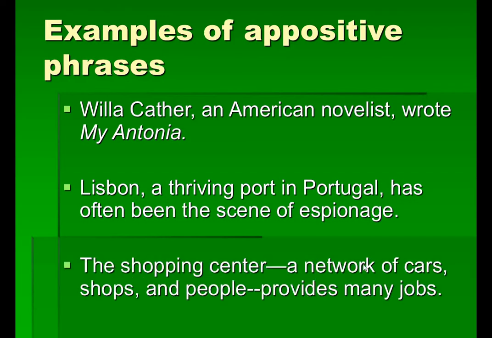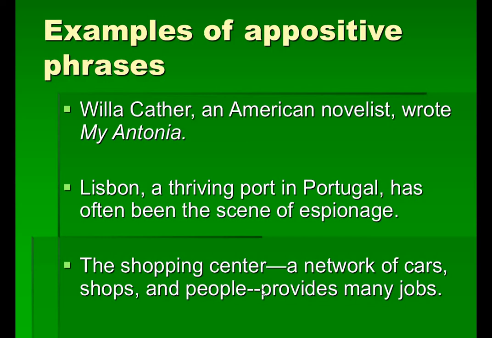The shopping center, a network of cars, shops, and people, provides many jobs. And this is something that we didn't talk about specifically in class, but I do want to make you aware. See these dashes right here and right here? What those do is, if you have a list of things, notice how we have this comma and this comma. Instead of having like five different commas, you can use dashes the same way that you use commas.